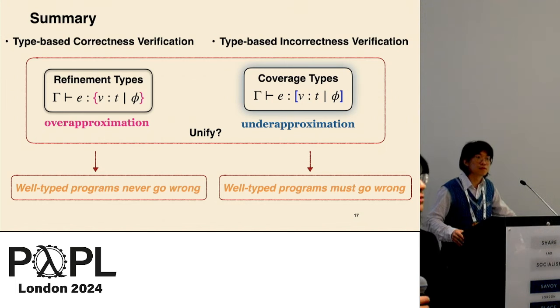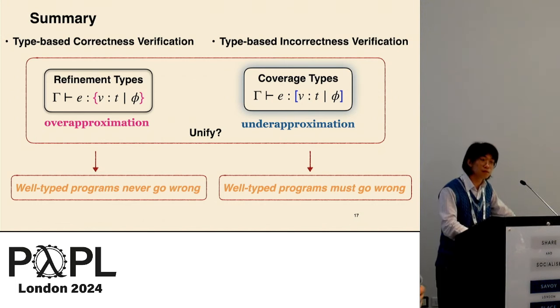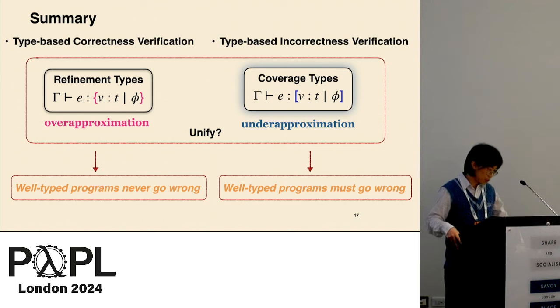Yeah. Thanks for the talk. So I don't quite understand the tagline, well-typed programs must go wrong. But is it not the case that you can type an expression with a function type, but it doesn't necessarily go wrong? If I understand it correctly, your question challenges my statement that well-typed programs must go wrong, especially for functions, right? That's right, yeah.